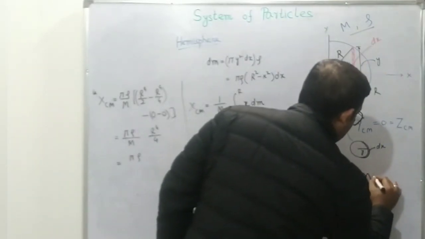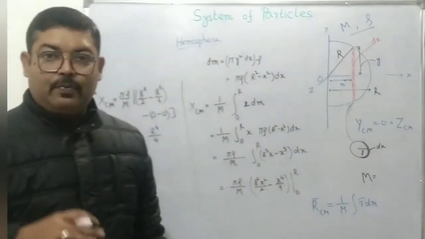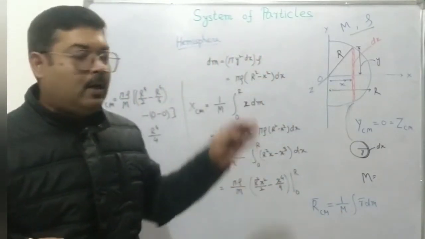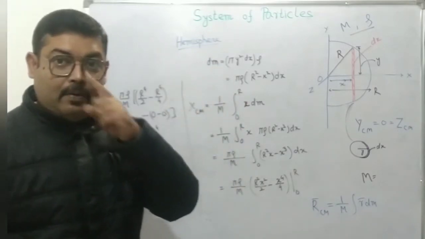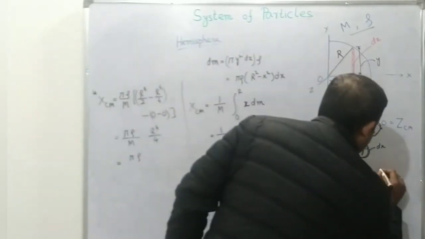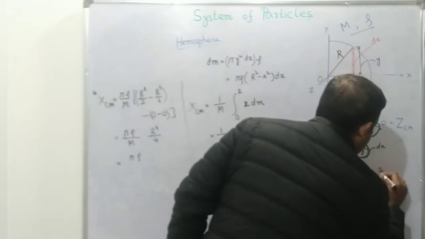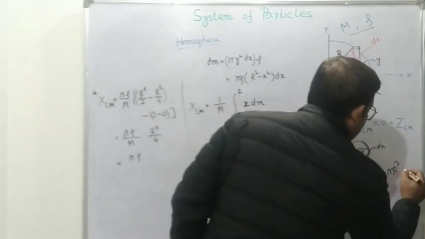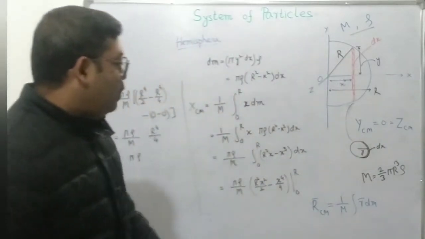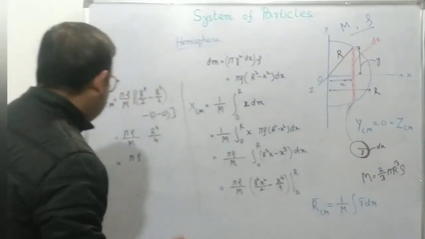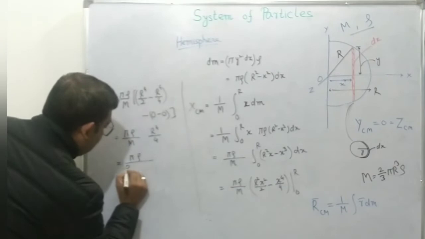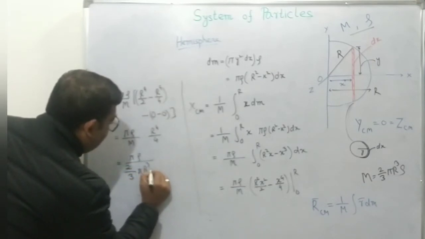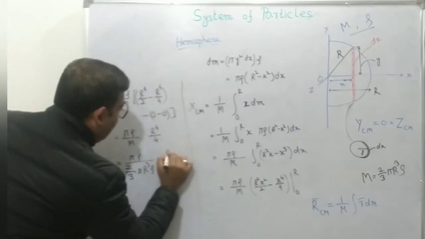The hemisphere is half of a sphere, so the volume of the hemisphere will be half of the volume of a sphere. What is the volume of a sphere? 4 by 3 pi r cube. So it will be 4 by 3 divided by 2, that is 2 by 3 pi r cube, and then multiplied by the density rho.